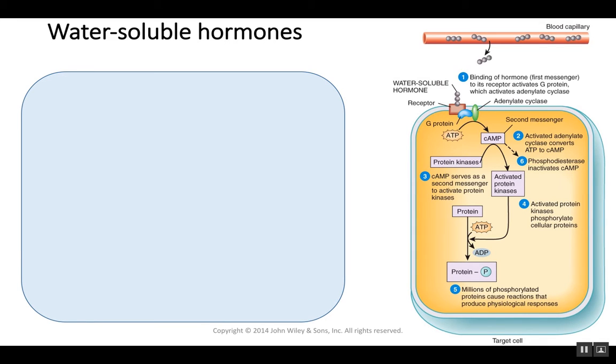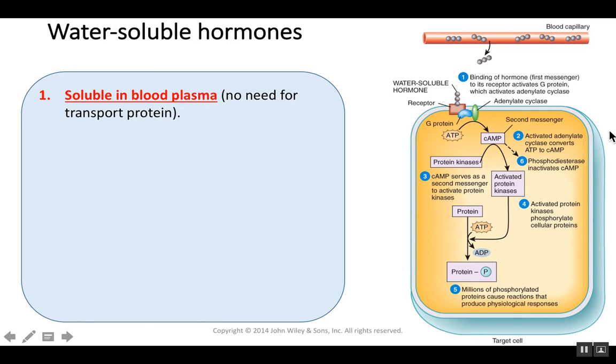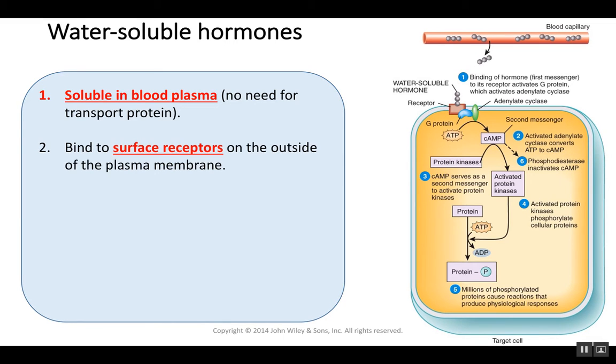Water-soluble hormones don't require a transport protein. So you'll see in this drawing that the water-soluble hormone does not need any kind of transporter because blood is water-based, and if you're water-soluble, you can solubilize in the blood. So no need for a transport protein. Number two is the site of the receptor.